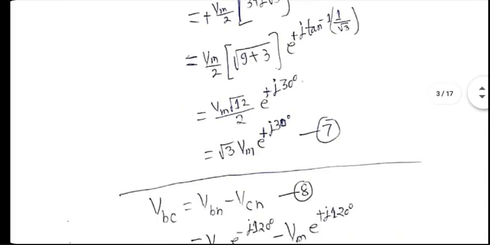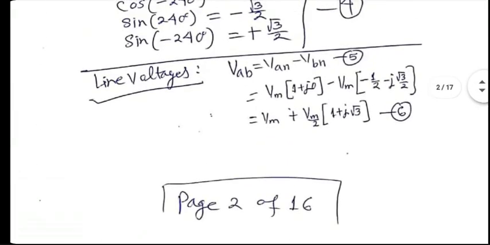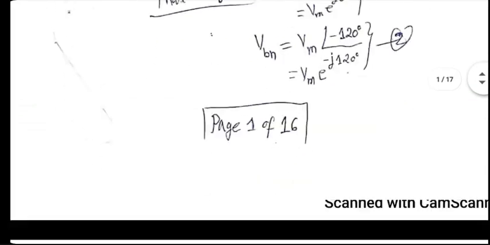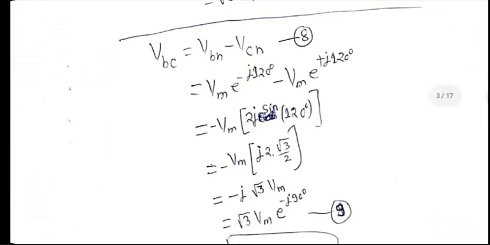What we found was that the line voltage magnitude is square root of 3 times the magnitude of the phase voltage, and there is a plus 30 degree phase shift in VAB compared to VAN. VAN is the reference voltage, which will be assumed to have zero phase shift. Then we did the same thing for the second line voltage.